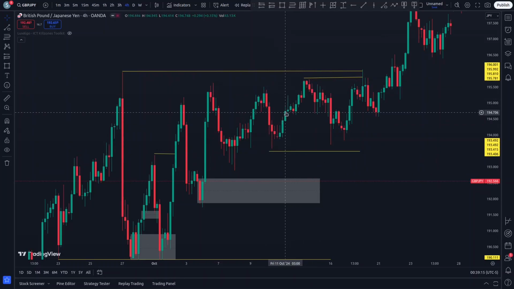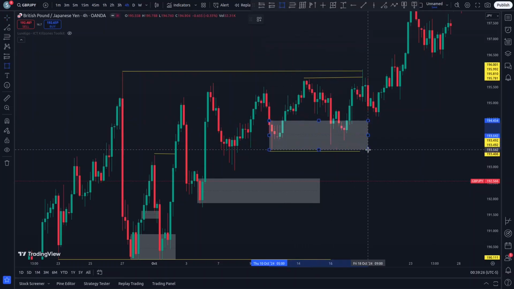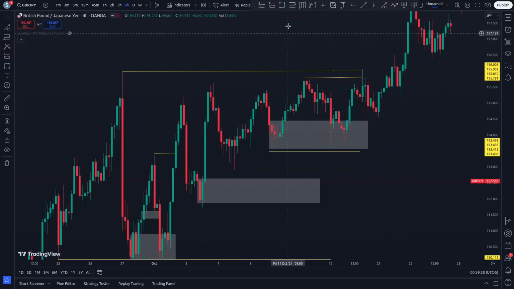We have a little fair value gap here. We have a little one here. We have our other block, another block here, another block here. Price returns to this range, takes some liquidity here, then gravitates to the upside.